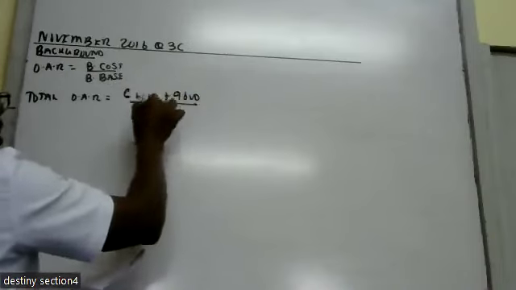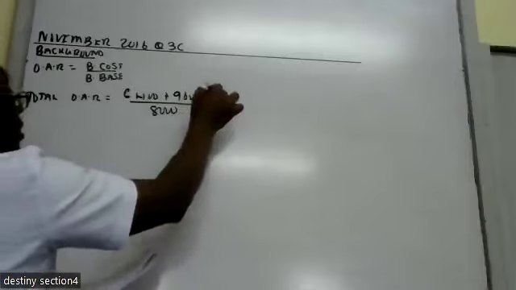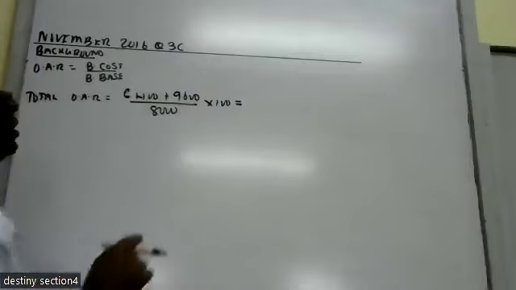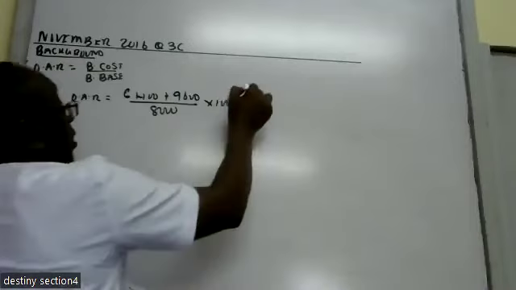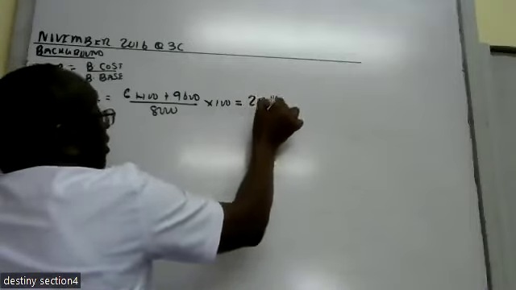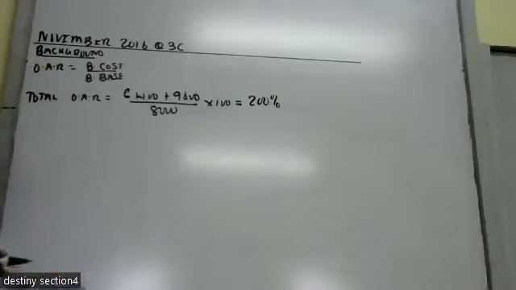You divide by 8,000 times 100. $6,400 plus 96. You divide by 8,000. Tell me whether it is giving us 200.